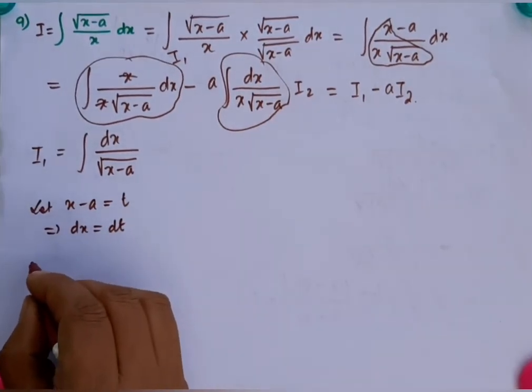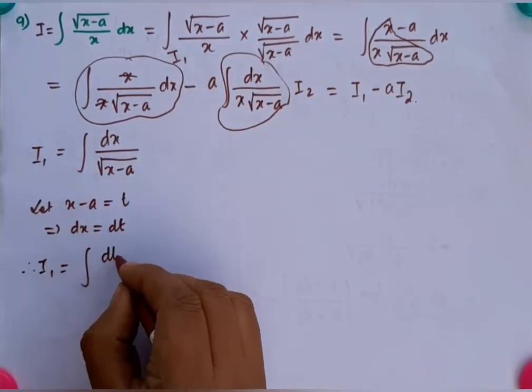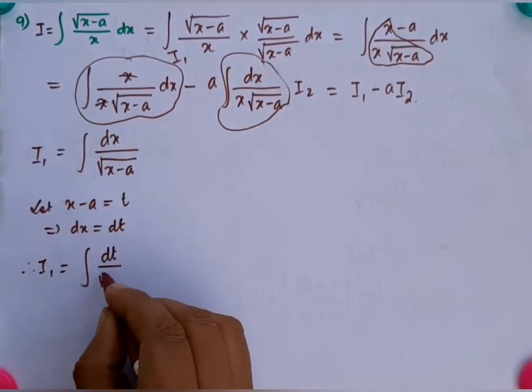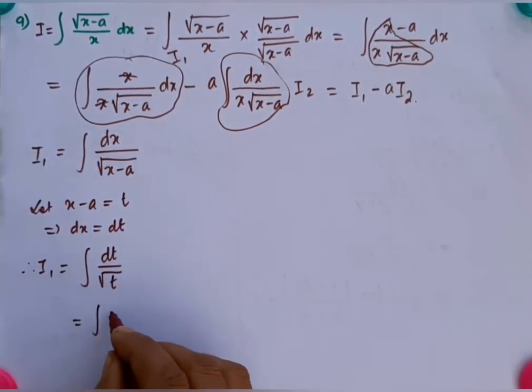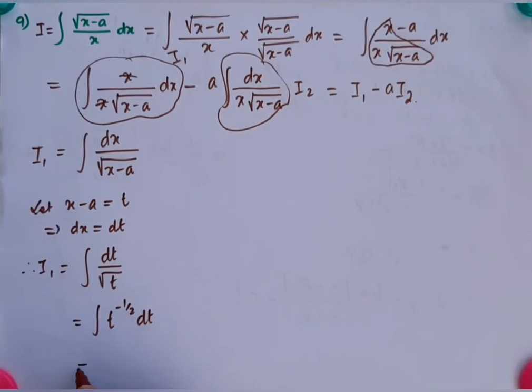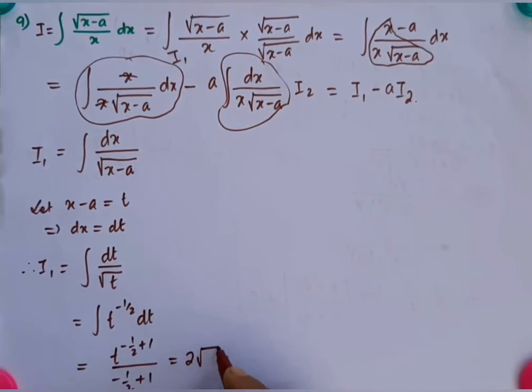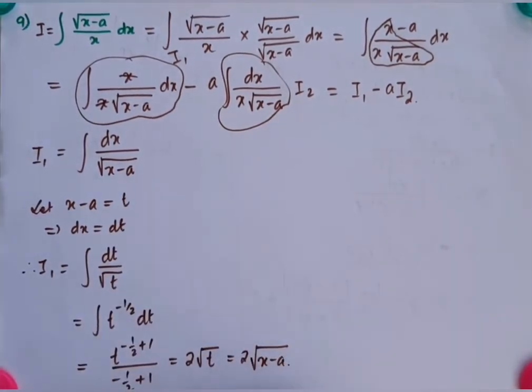Therefore your I1 turns into integral dt by square root of t, that is, integral of t to the power minus half dt, isn't it? The formula says this is t to the power minus half plus 1 divided by minus half plus 1. So this is half, so this turns into 2 square root of t. So your answer will be 2 square root of x minus a, right? So this is your I1.